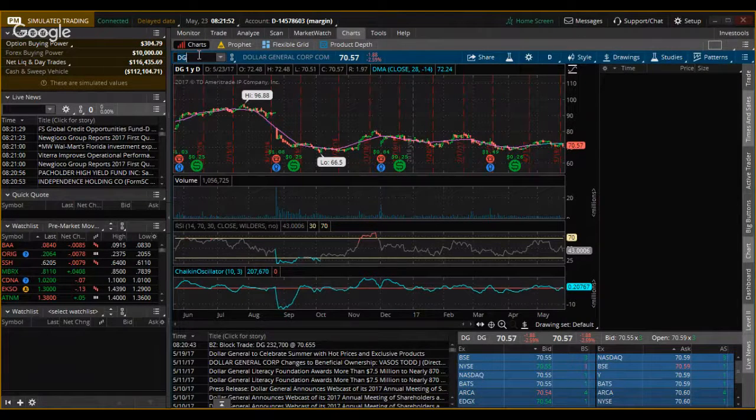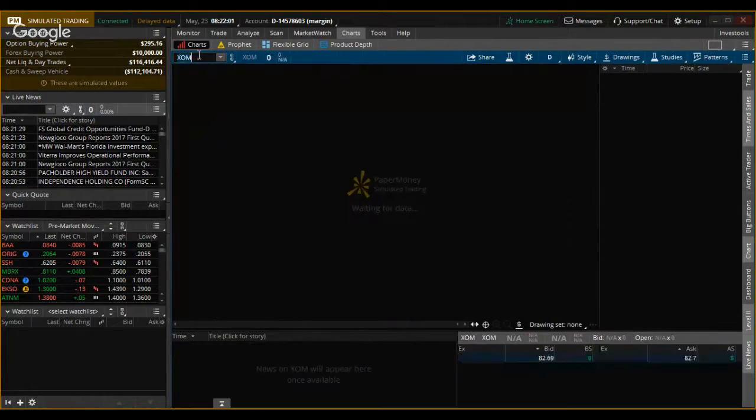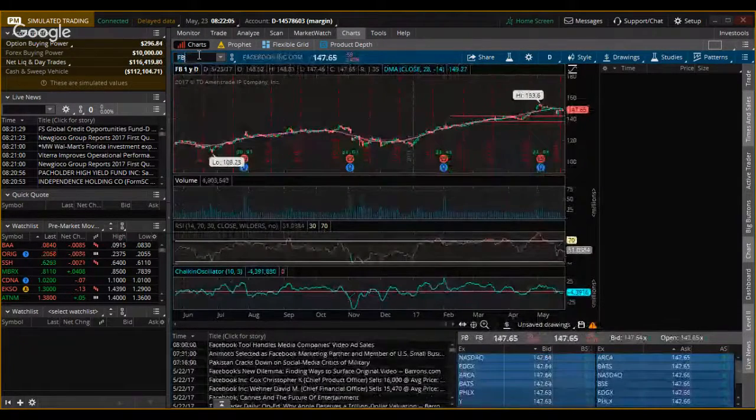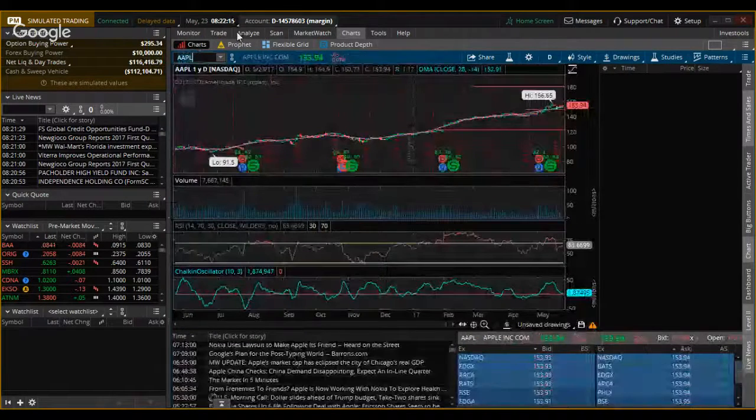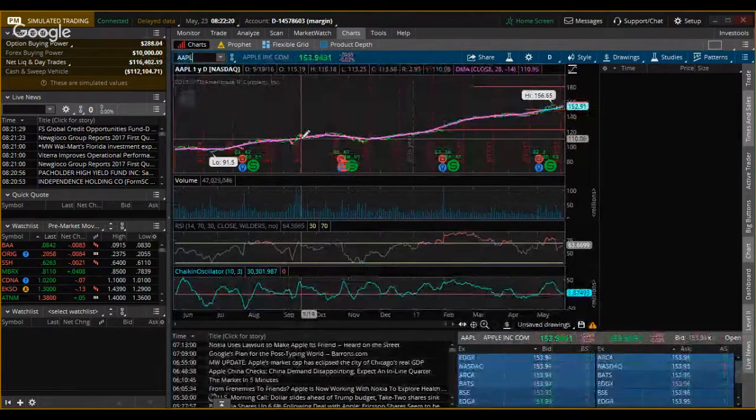So we look for growth because it's going to attract more buyers, more investors, rather than looking for boring stocks such as ExxonMobil, which hardly moves. You see Facebook definitely moving up, and Facebook is definitely not paying a dividend just yet. Apple has a long-term chart, and what we see with Apple is that it gets kind of stagnant at times, but it definitely has that uptrend all the way up, and it has a dividend as well.